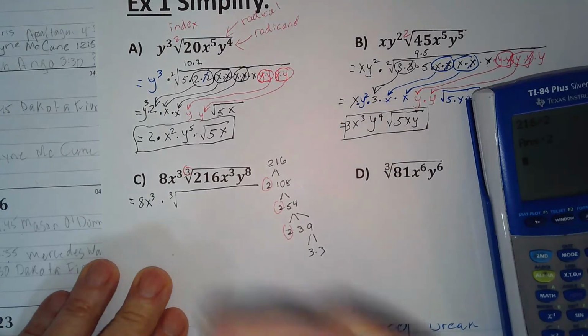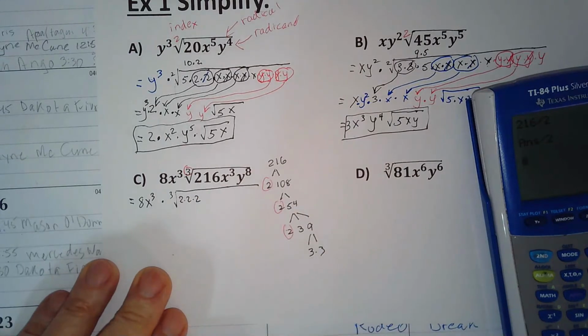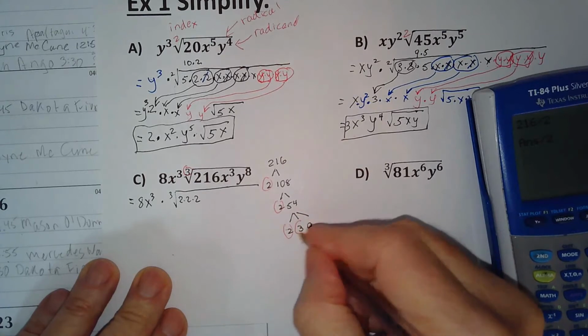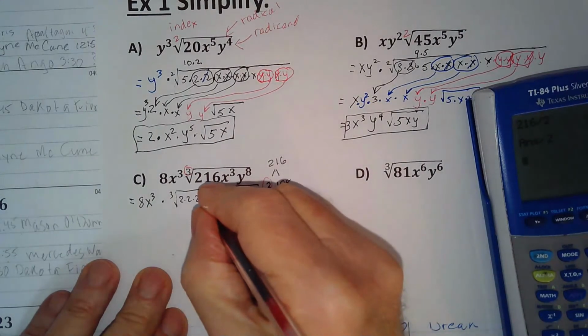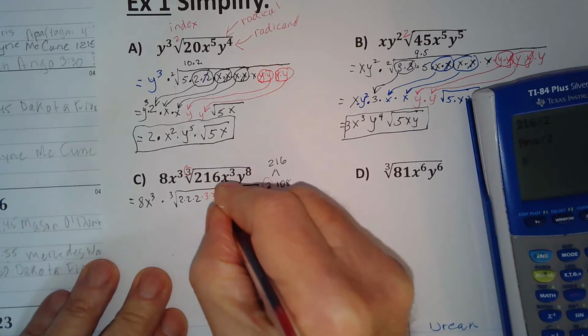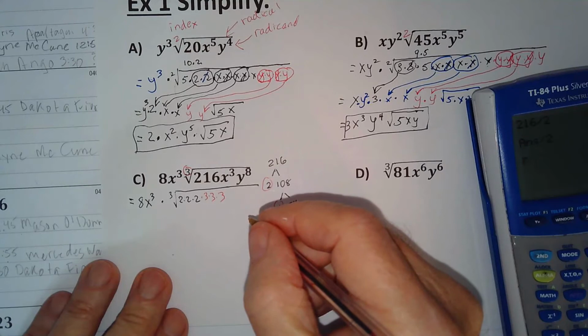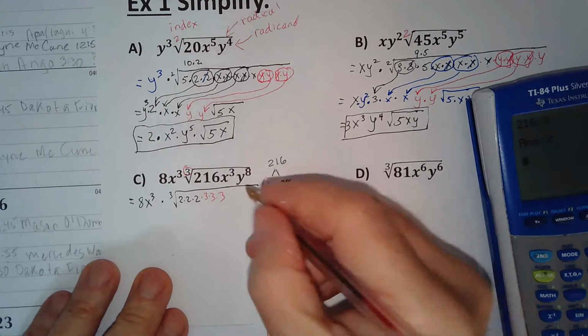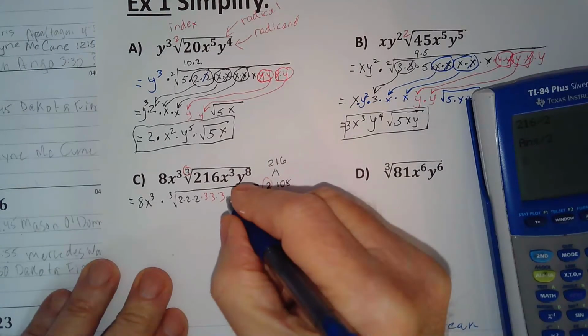So I've got 2 times 2 times 2. And then I have 1, 2, 3 3's. Okay. So 3 times 3 times 3. Okay, so that takes all the 216, and then I've got 3 x's, so times x times x times x, and then I got these 8 y's.